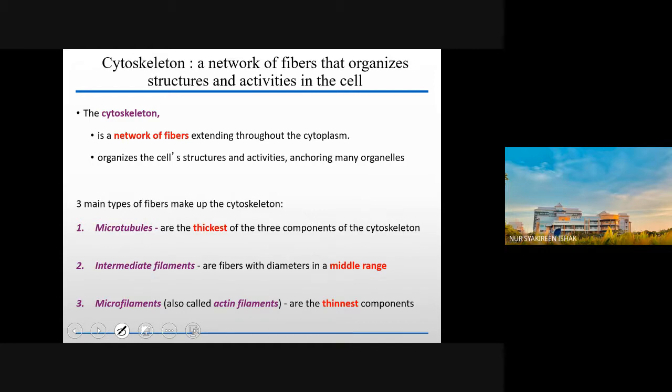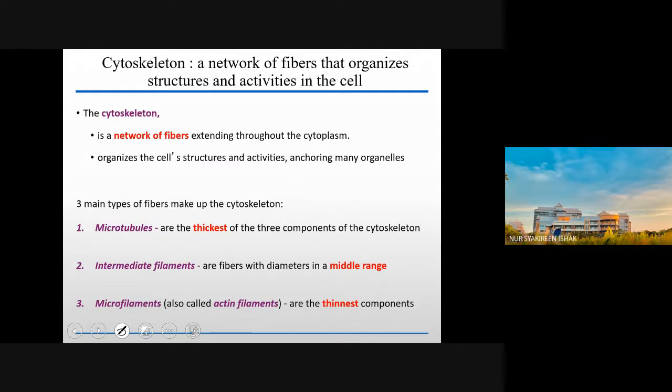You have the microtubules. Okay, so microtubules are the thickest of the three components of the cytoskeleton. And then second is, kalau dalam nota awak, the microfilaments lah kan. So turutan dalam nota awak, it is the microfilament, also called actin filament, which is the thinnest component, yang paling nipis.